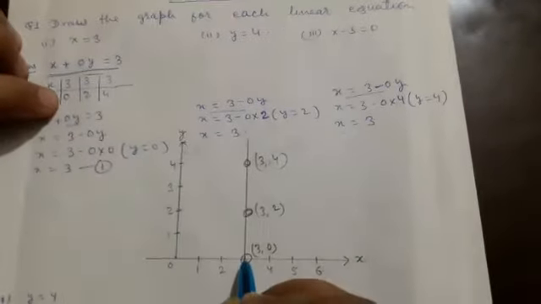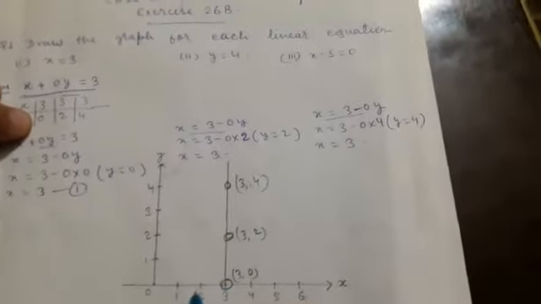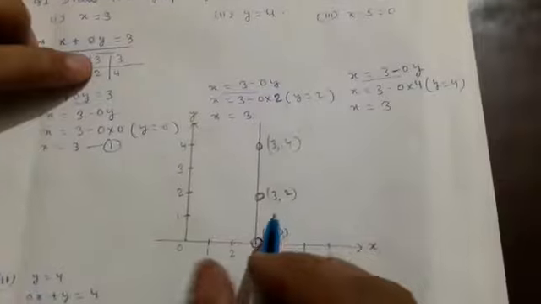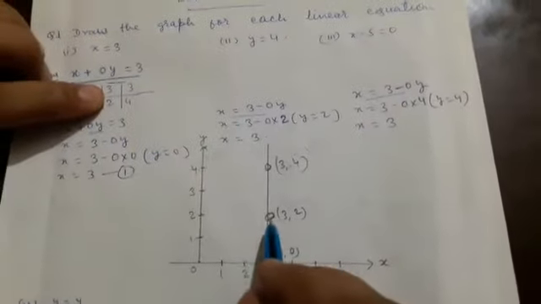Now let us plot these coordinates on the graph. We'll make the x-axis and y-axis. Now make units 1, 2, 3, 4, 5, 6 like this, and on the y-axis also 1, 2, 3, 4, 5 like this. Now let us plot the values. When x is 3, then y is equal to 0. Here we will put one dot and make a circle. Next, when x is 3, then y is 2.